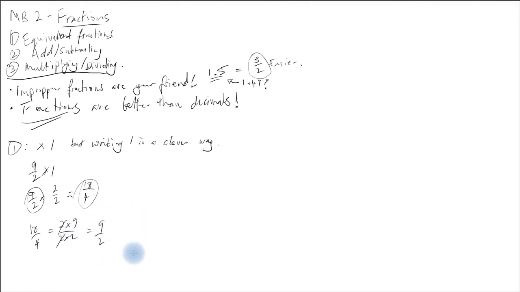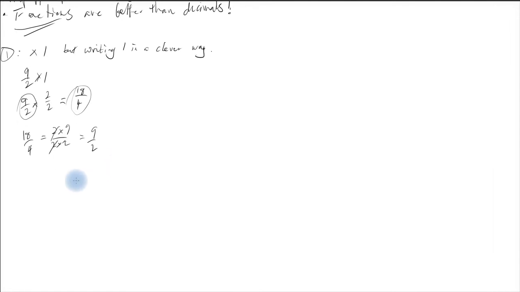Let's do another example of simplifying. Simplifying fractions here is the same thing as doing equivalent fractions. So you might have 32 over 4.